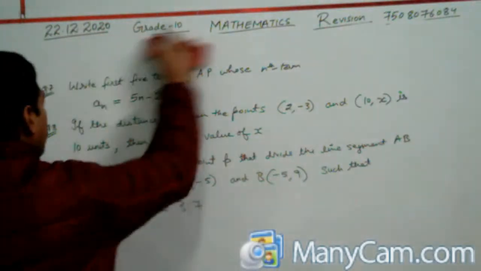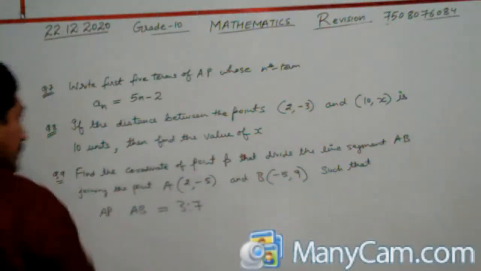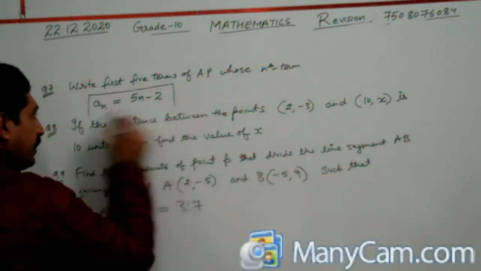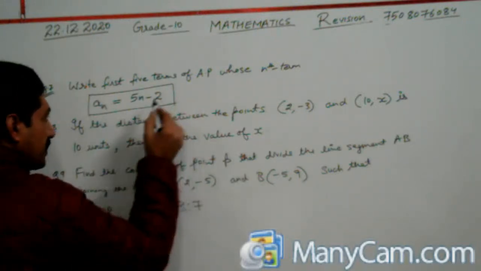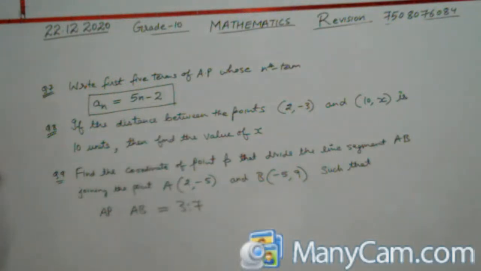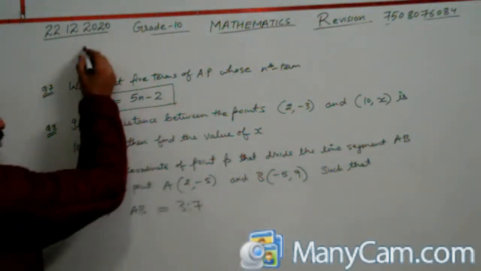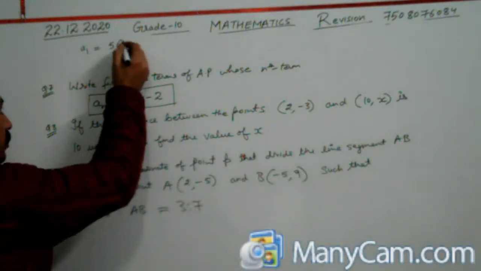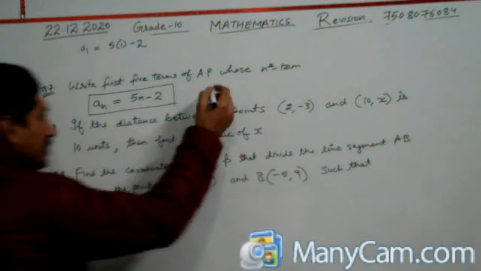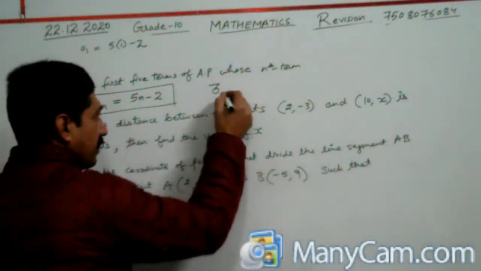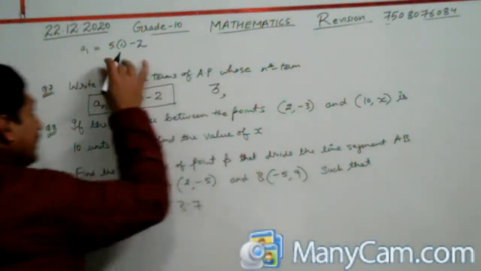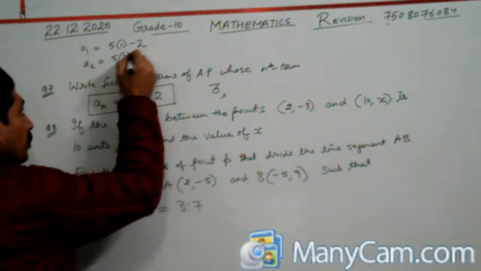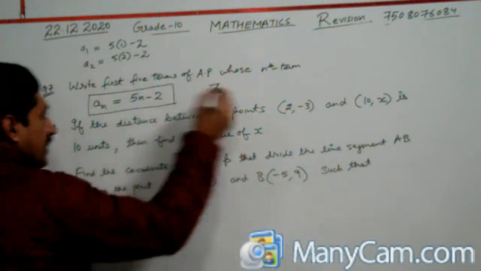The nth term of an AP is given. You have to find the first n terms. So the first term, A1 is equal to 5 into 1 minus 2, so the first term of the AP is 3. The second term A2 is 5 into 2, 10, 10 minus 2 is 8.